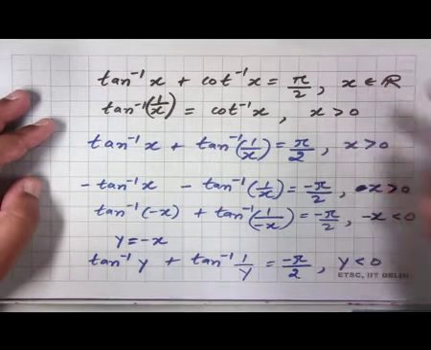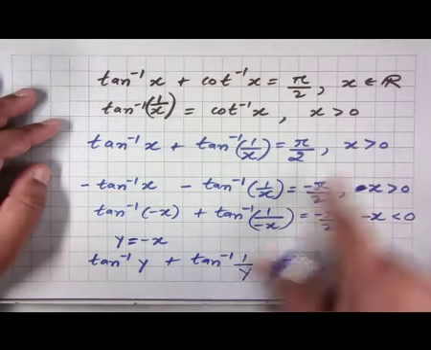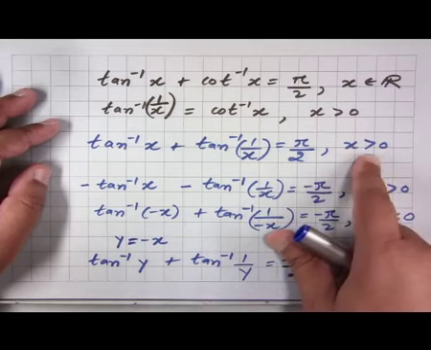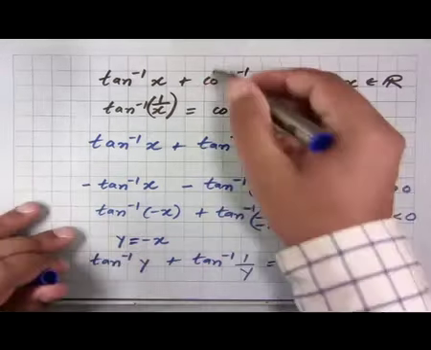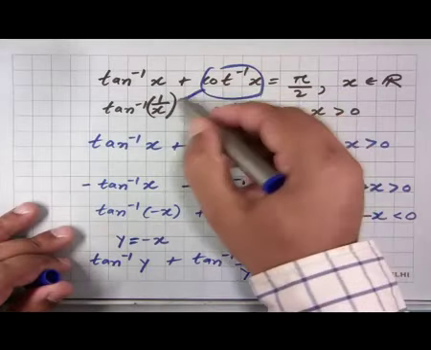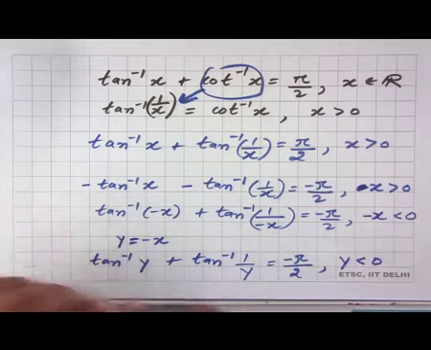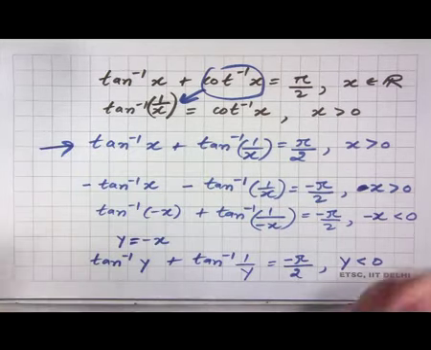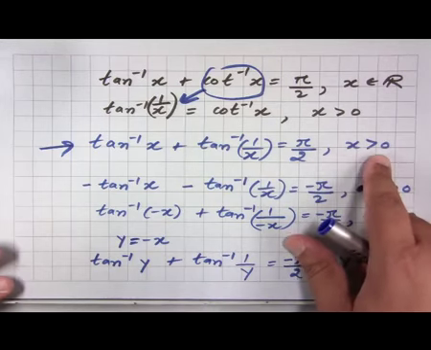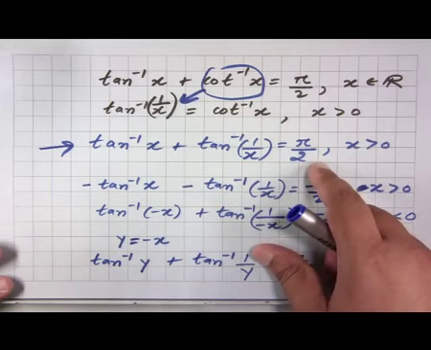Now if we combine both of these statements, for x non-negative, we replace cot inverse x by tan inverse 1 over x. Then we get that for all x non-negative, tan inverse x plus tan inverse 1 over x is always pi by 2.